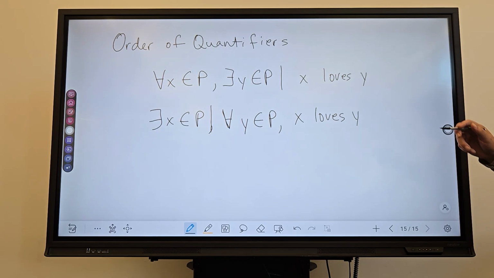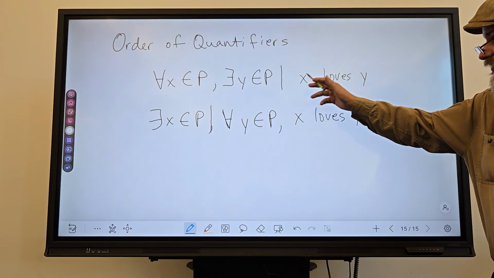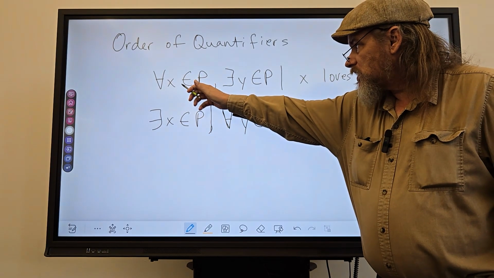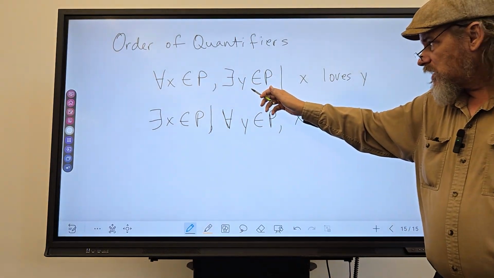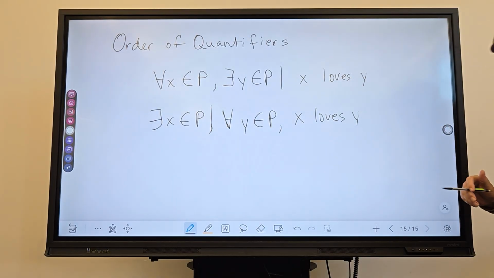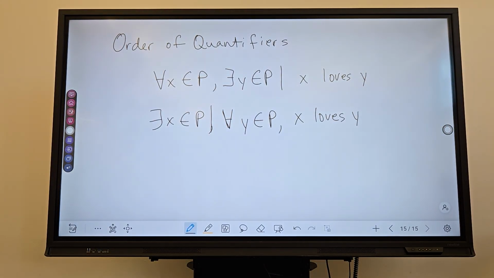Whereas the predicate is the same, x loves y. For all x in P, there exists a y in P such that x loves y. So basically, informally, everybody loves at least somebody, at least one person. Okay.